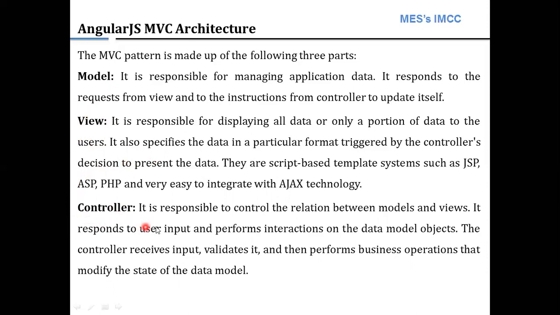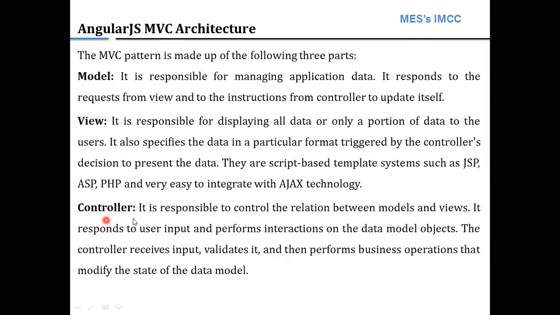Now the controller. It is responsible for controlling the relations between the model and the views. It responds to the user input and performs the interaction on the data model objects. The controller receives input, validates it, and then performs business operations that modify the state of the data model. In a nutshell, what is the task of the controller?